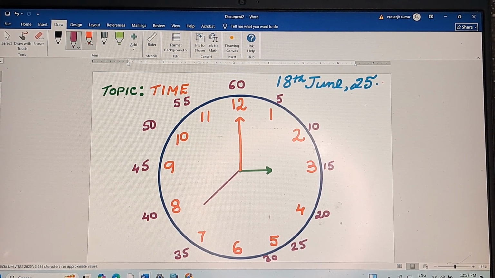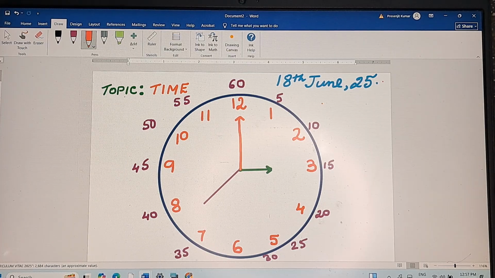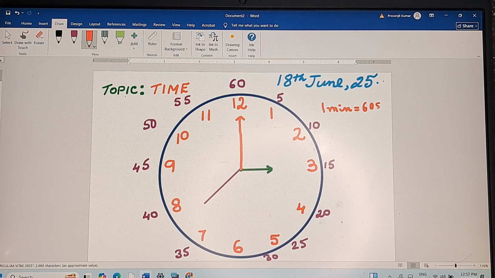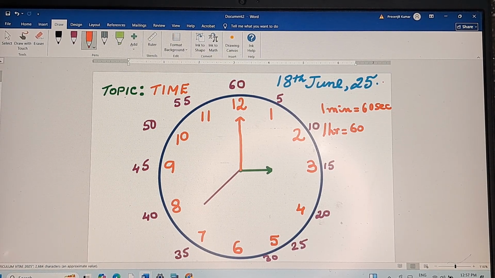So students, from this clock we will understand 1 minute equals how many seconds. So 1 minute equals 60 seconds. What about 1 hour? 1 hour equals 60 minutes.